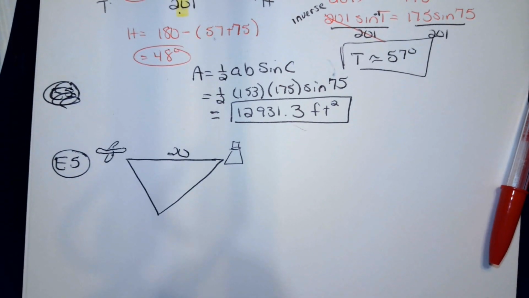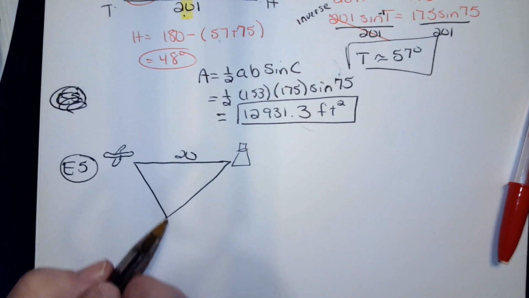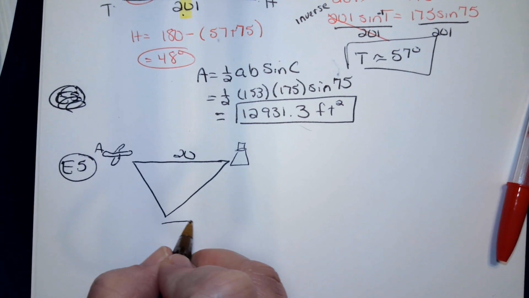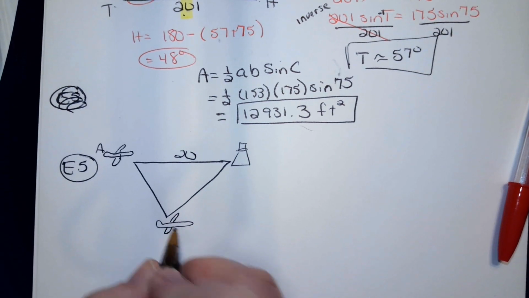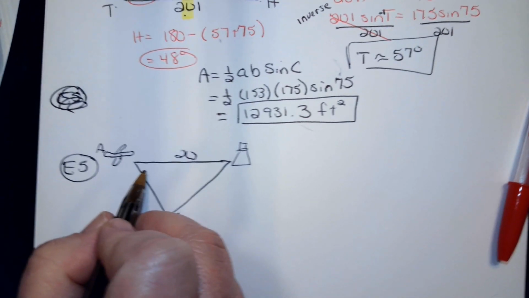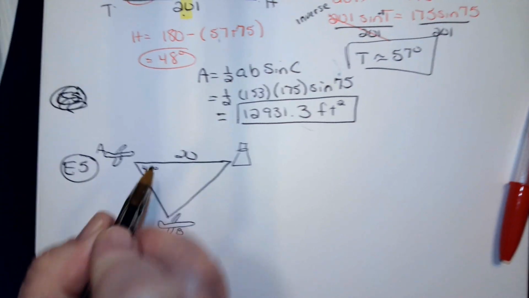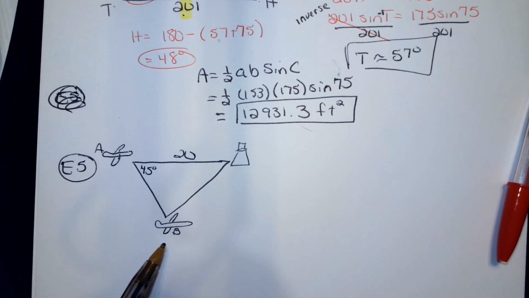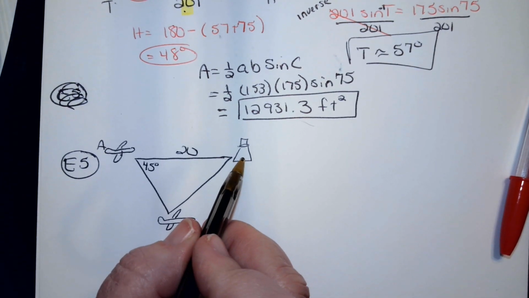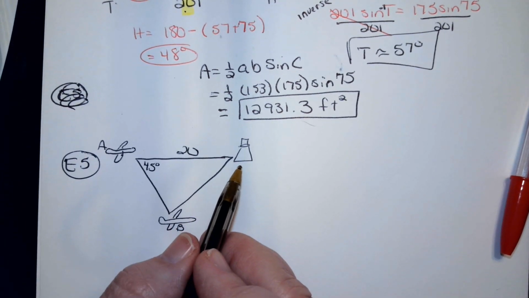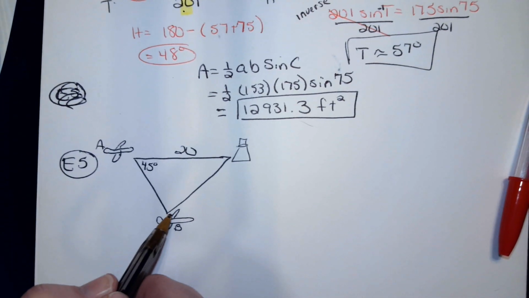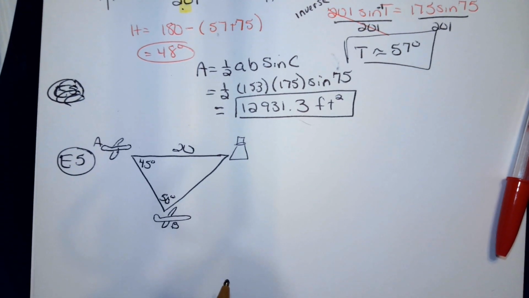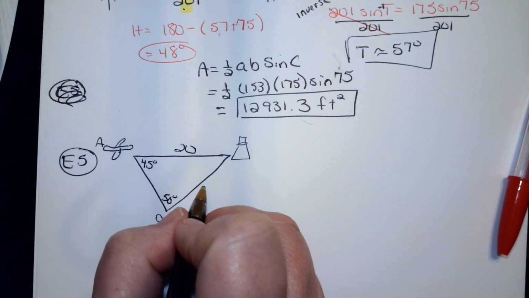The pilot notices airplane B to her right, so this is airplane B. And it is 45 degrees because it was 45 degrees to her right. Airplane B is also flying directly towards the airport. The pilot of airplane B calculates that airplane A is 50 degrees to his left. Based on that information, how far is airplane B from the airport?